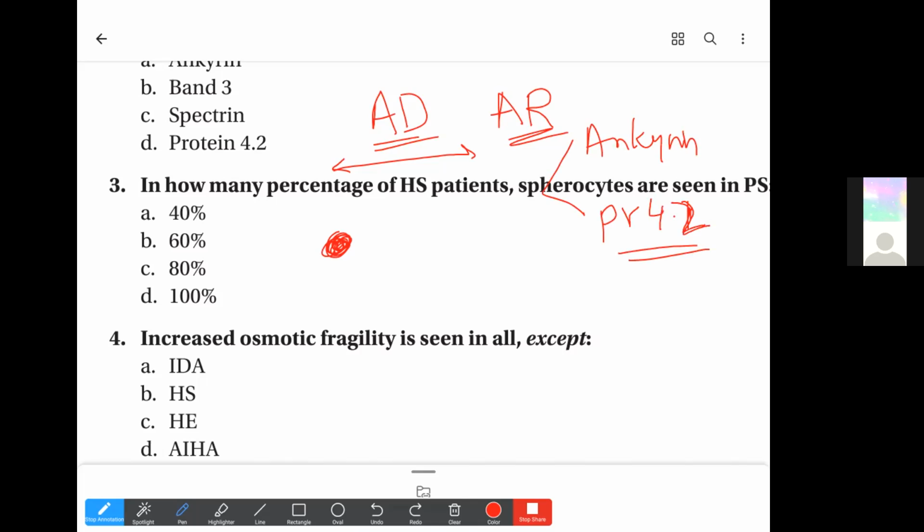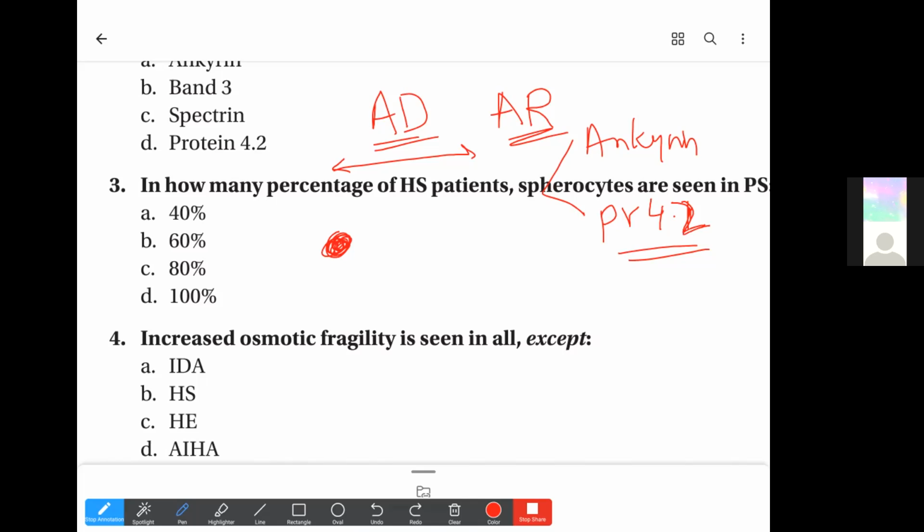So this defect is more common in the northern European descent, and less in African American and Southeast Asian, because in Southeast Asia we have the other form, Southeast Asian ovalocytosis, which is more common. So in scenarios they may give not only the inheritance pattern, but also the ethnicity of the patient.